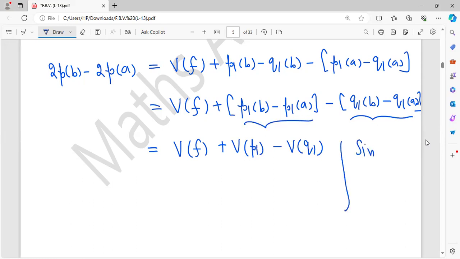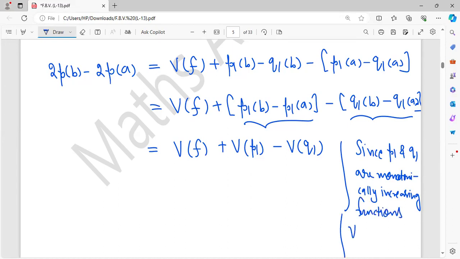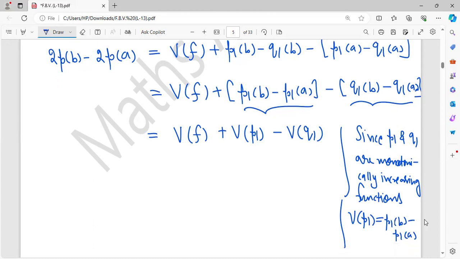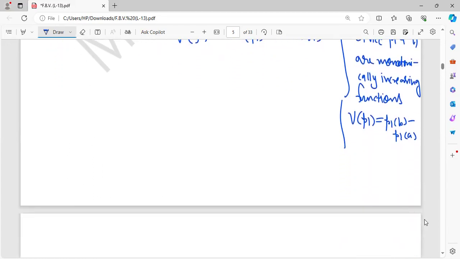Since P1 and Q1 are monotonically increasing functions, what is the variation of P1? P1(b) minus P1(a). And what is the variation of Q1? Q1(b) minus Q1(a).